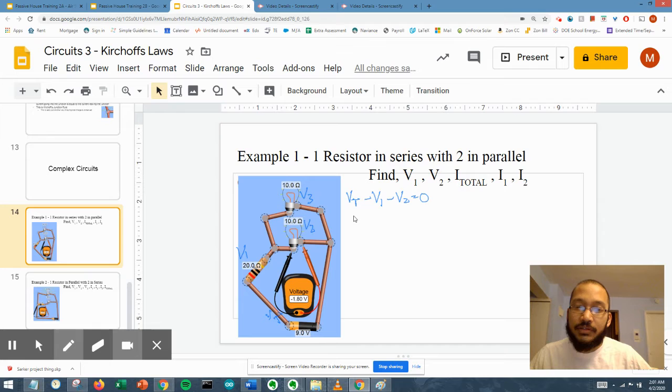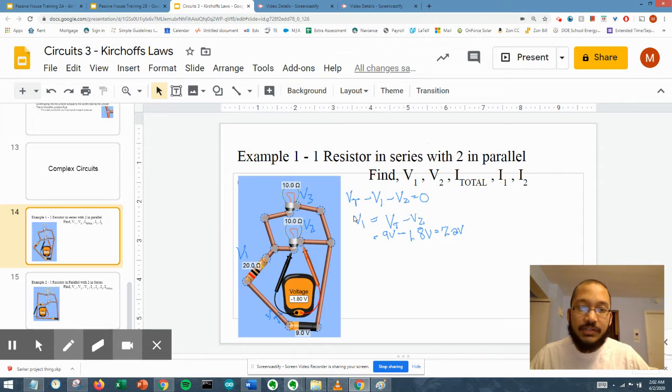What I'm trying to solve for is V1. I'm actually given V2 in this one. So V1 is just Vt minus V2. And I know Vt is 9 volts and V2 is 1.8. So that's 7.2 volts. Check.